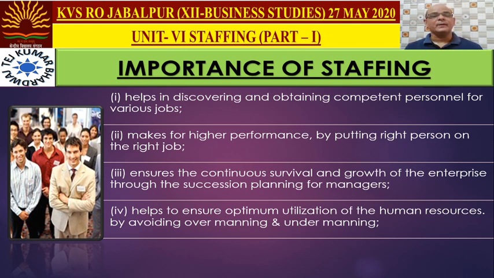At the same time, an overmanned organization will lead to unnecessary operating cost. We will have to give the salary to our workforce and they will not be doing appropriate work according to the salary paid to them.